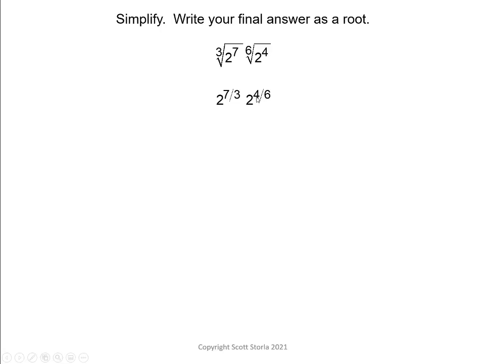But I just want to mention that you could also reduce and get 2/3 here, and then I'd have a common denominator of 3. Either approach is fine. Now that the bases are the same, I'm going to add the exponents. This will give me 9/3. 9 divided by 3, of course, is 3, and so I end up with 8.